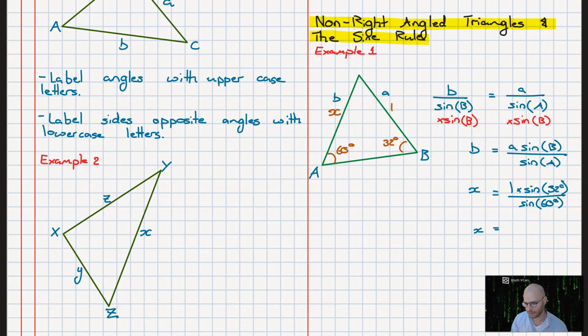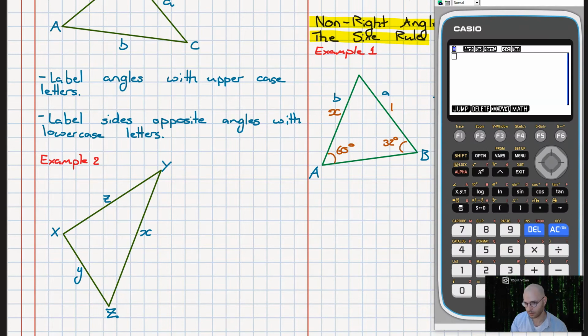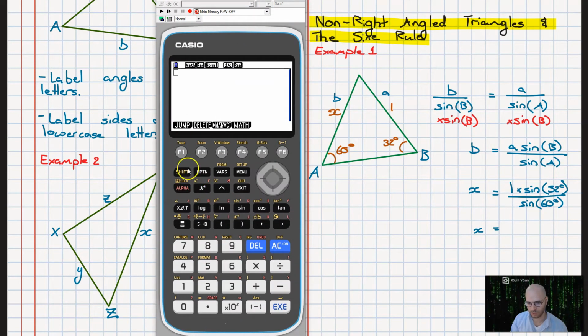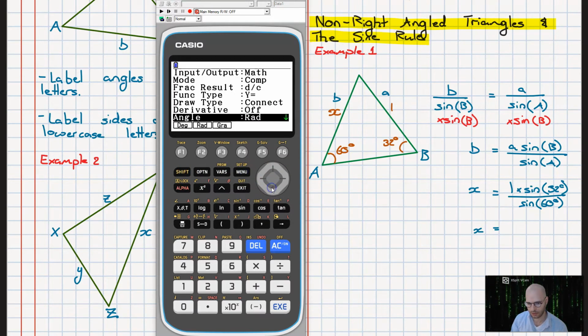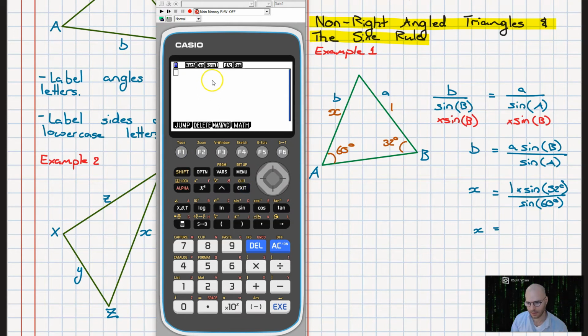Bringing up my calculator, I'm first going to check that my calculator is set to degrees. So I go Shift Menu, and I want to move it to degrees. So we'll change it to degrees, then exit. Now it's time to do the calculations. I'm going to go for a fraction. Then we're going to go 1 sine 32 degrees.